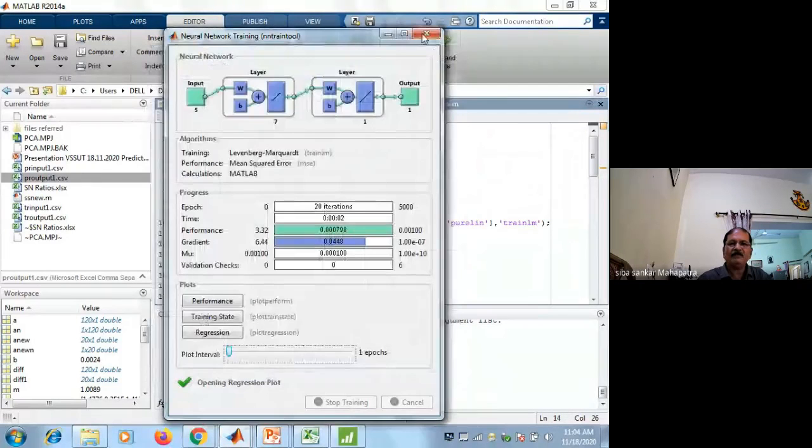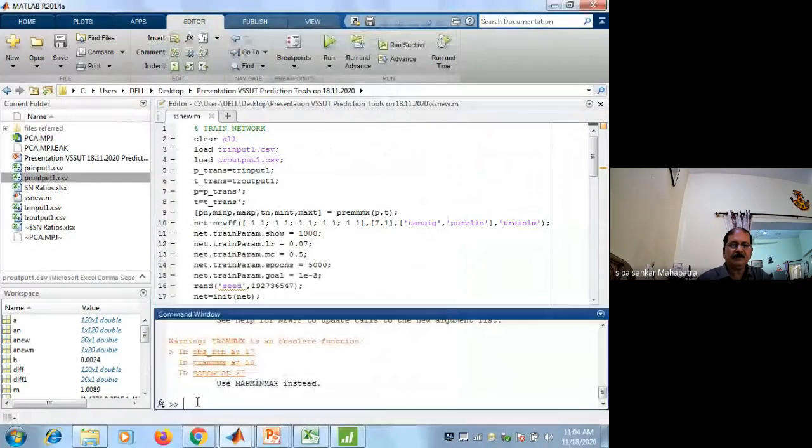Right? Now calculate or find out the prediction values. You can find them out also.